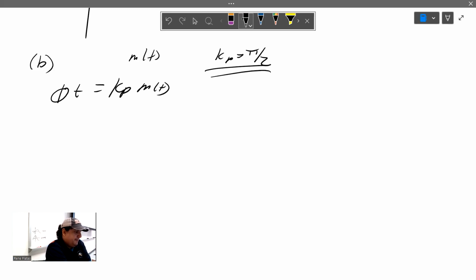We know our k_p, pi over 2. So this is equal to pi over 2 times the message signal, which is 2u(t). 2's cancel, you're left with pi u(t). Pretty cool, right?